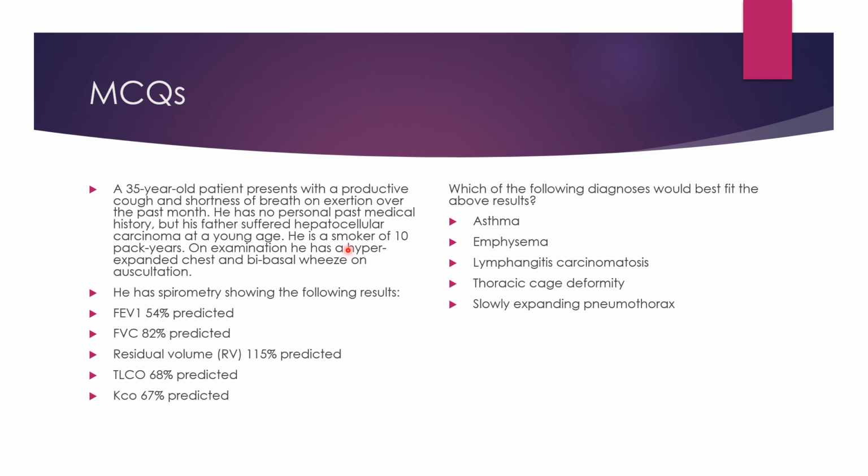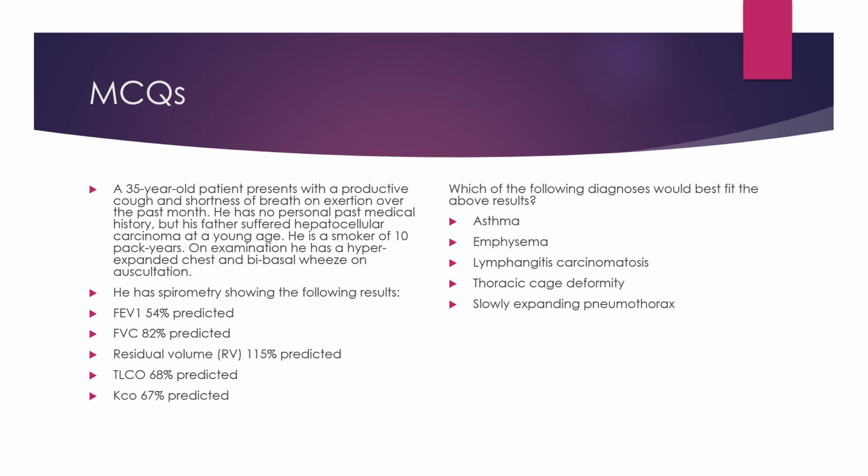For a smoker who has an alpha-1 antitrypsin deficiency, the progression would be faster. And there is also risk of hepatocellular carcinoma in these patients. So family history is another risk factor for hepatocellular carcinoma for this patient. So the underlying condition could be alpha-1 antitrypsin deficiency causing emphysema.